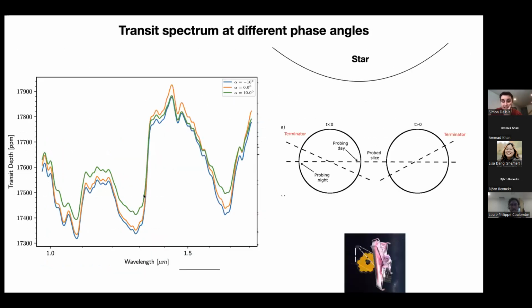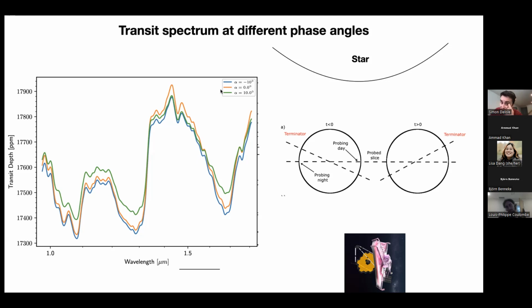So what is interesting, if we look outside of the water band, so at 1.1 to 1.2 micron, the reason why you get a higher transit depth the more your angle is positive. So basically we are in the case on the right that I showed here. So this is the star, this is the telescope.